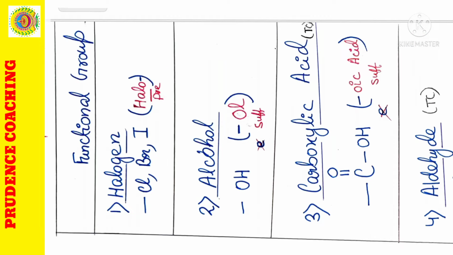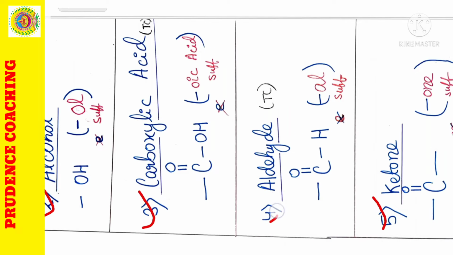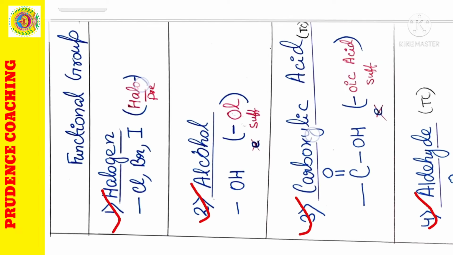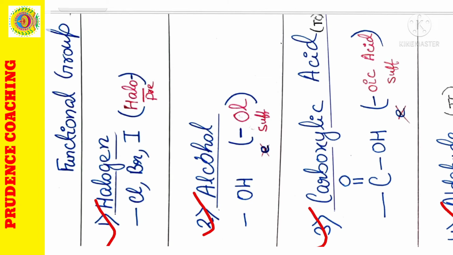Now in place of this hydrocarbons, if we find the attachments of these functional groups, that is halogen, alcohol, carboxylic acid, aldehyde and ketone, then we will call them as functional group, because if these functional groups are attached with the hydrocarbon, the characteristics of the hydrocarbons will be changing.